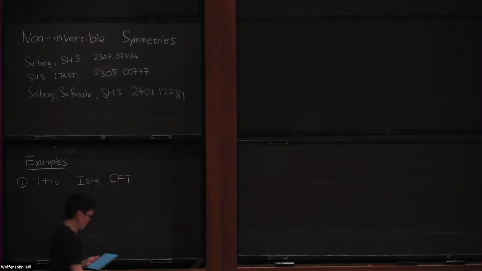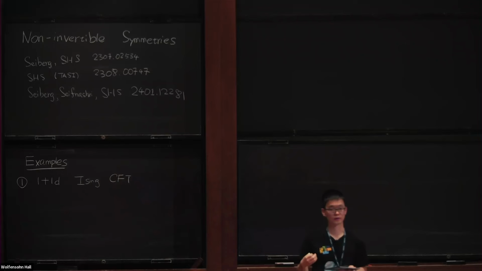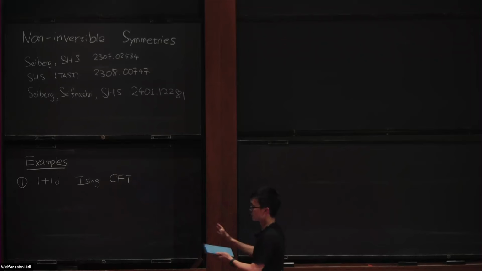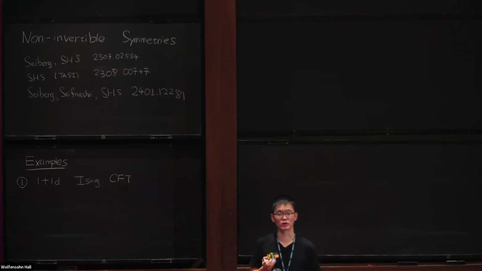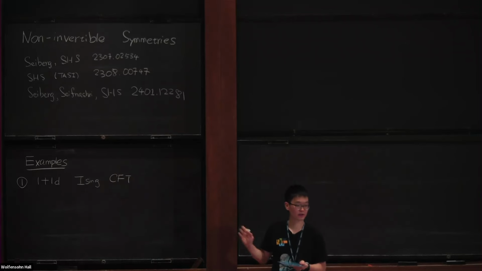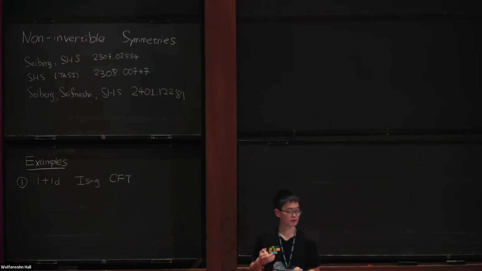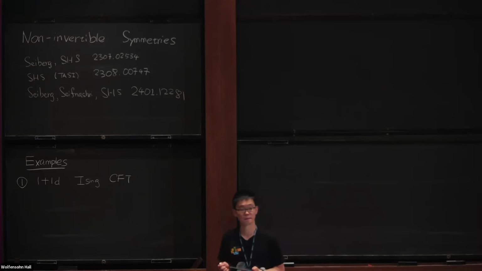And just to state the obvious, by CFT, I really mean the continuum field theory rather than the critical lattice model. So we're in 1+1D, that's the lowest possible dimension. And Ising CFT, from many aspects, is really the simplest quantum field theory of all. It has the lowest central charge, it has the least degrees of freedom among all the unitary quantum field theories. And already there in the Ising conformal field theory, there's an interesting non-invertible symmetry.